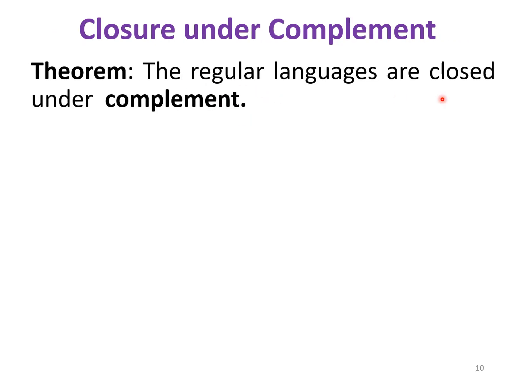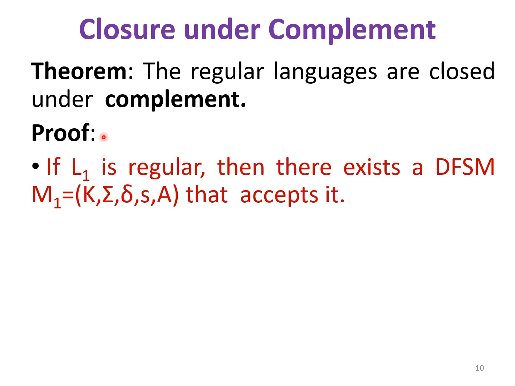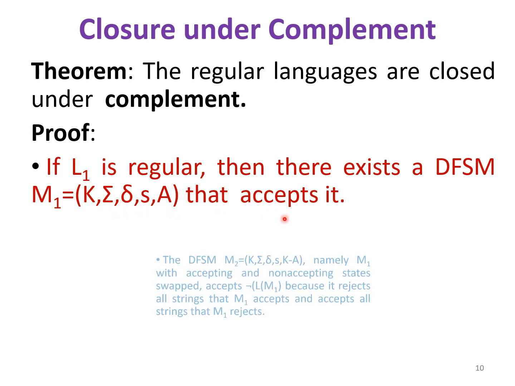Regular languages are closed under complement. Proof: if L1 is regular, then there exists a DFSM M1 = (K, Σ, δ, s, A) that accepts it.